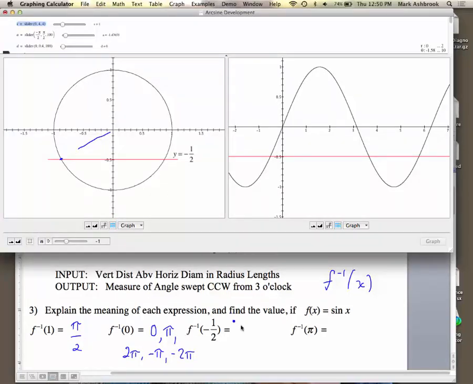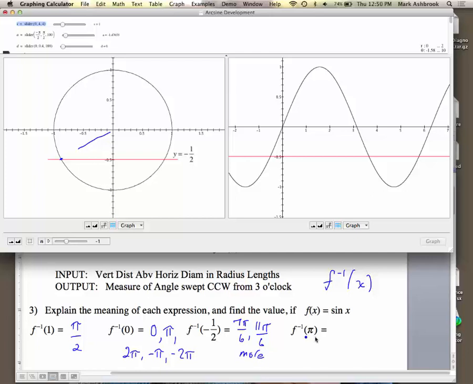Is that it? 11 pi over 6. Okay, again, but that's only in the first 0 to 2 pi. If I keep going around, I can keep hitting that spot that takes me 1/2 radius length below as many times as I want by just continuing to increase the angle measure. So there's more.